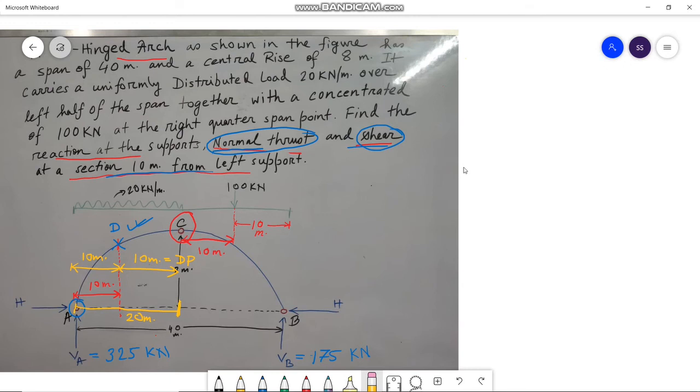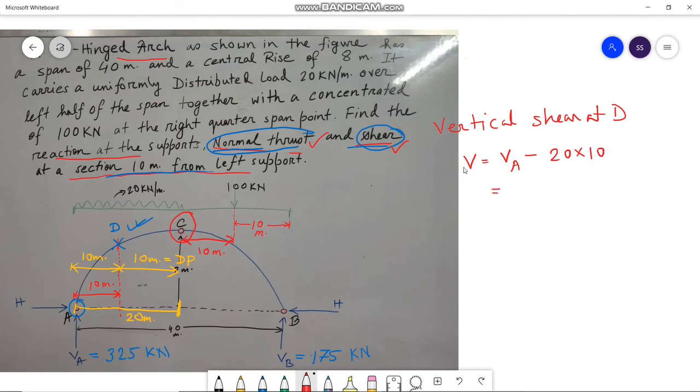Now, in order to calculate the normal thrust and shear at point D, first we need to calculate the vertical shear at D. So vertical shear at D is V equals to VA minus 20 into 10.